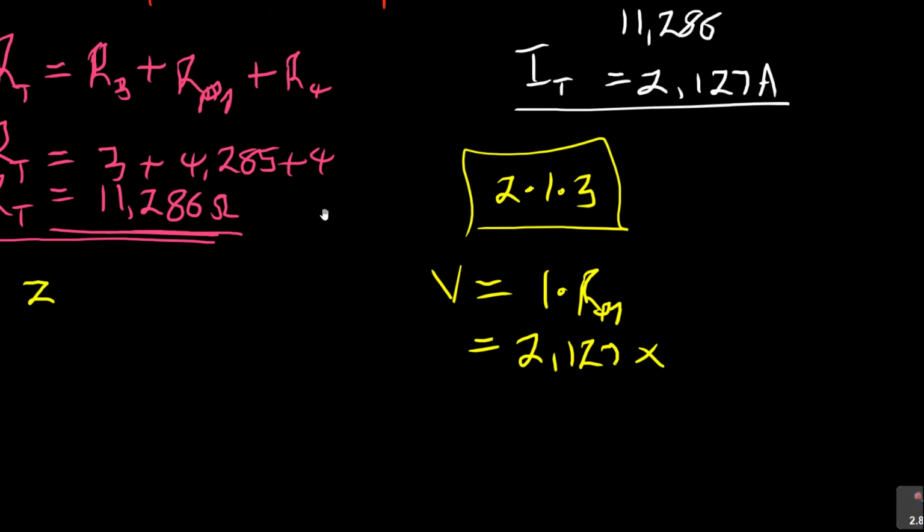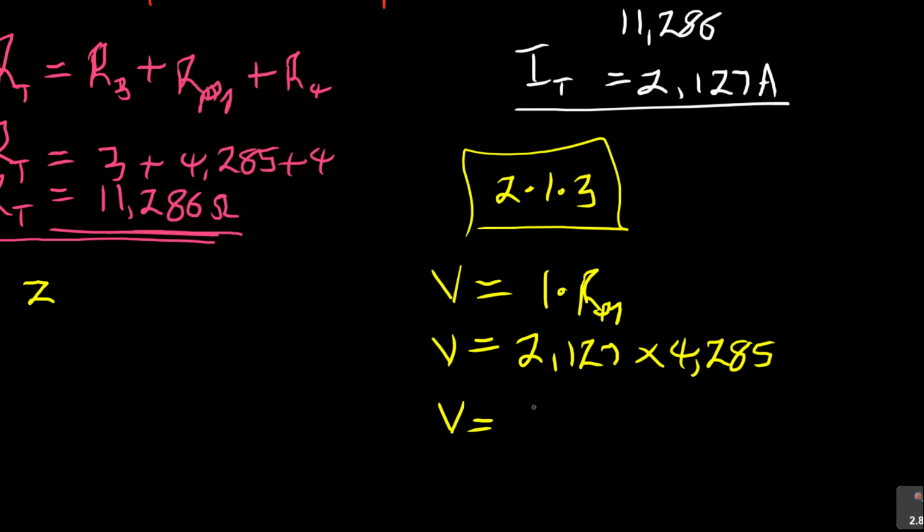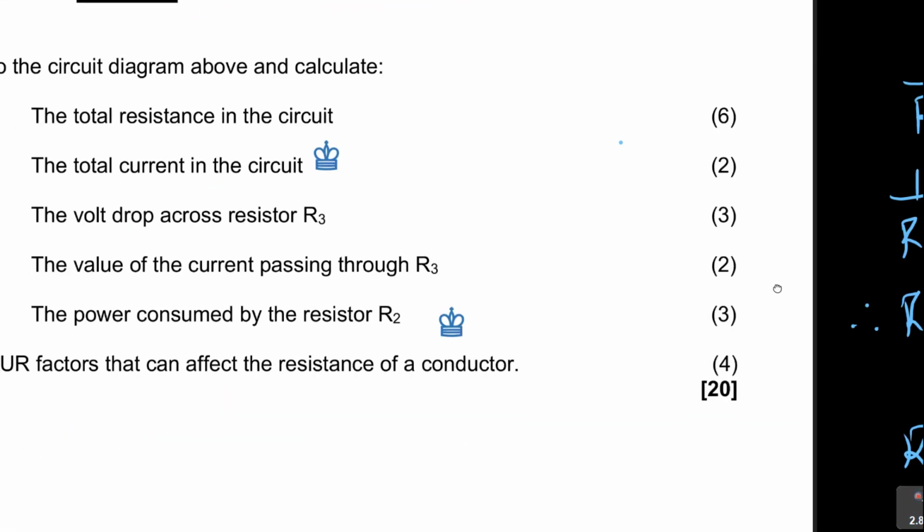You see? So here, times 4,285, then it gives me the voltage only in those ones. So it will be 2,127 times 4,285, which is 9,114 volts. That is V3, because it's across resistor 3.